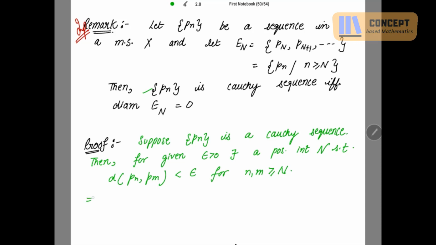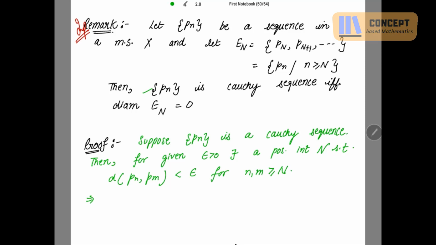Alright. Now see, this distance is strictly less than epsilon for all the terms of the sequence. You can take any two terms and the difference of the two terms will be strictly less than epsilon.